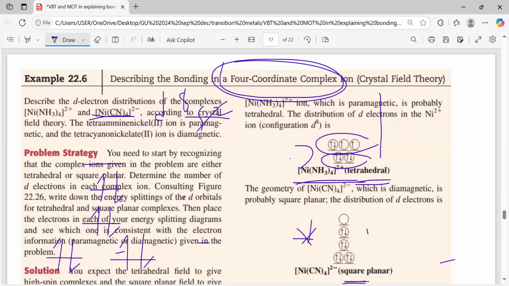So it is square planar. This corresponds exactly with it being diamagnetic. Nothing is unpaired. Everything is paired, and therefore it is diamagnetic, and therefore it is this one.